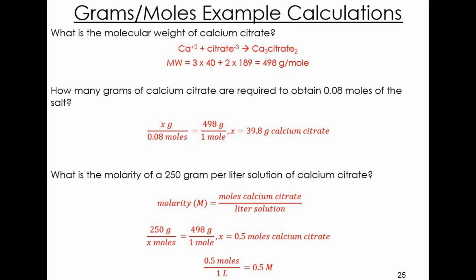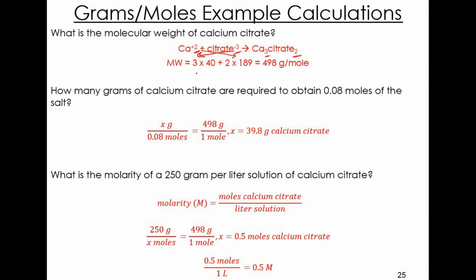First question asks what's the molecular weight of calcium citrate? And so you're going to bring in your head what these charges are on the individual ions. Calcium has a charge of 2, citrate has a charge of -3, and you would crisscross those superscripts to get the subscript, or the number of ions in each unit of salt. So 3 calciums, 2 citrates is what we've got there.